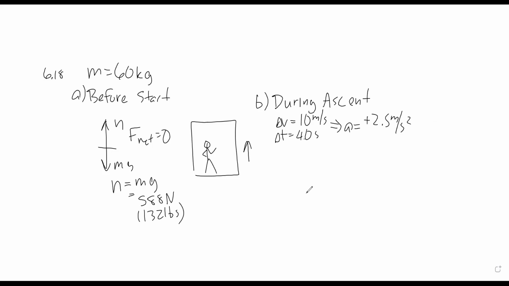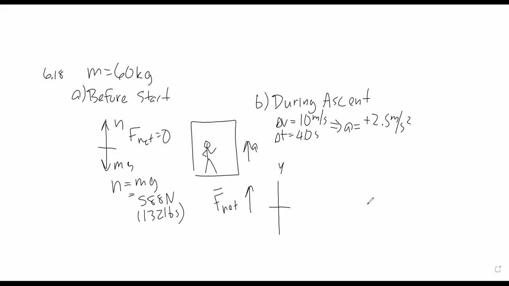Let's reason about this with forces. So the free body diagram will have an F net upward. So now, how does their mass change when they're ascending? That is, during the ascent, at the start of the ascent.